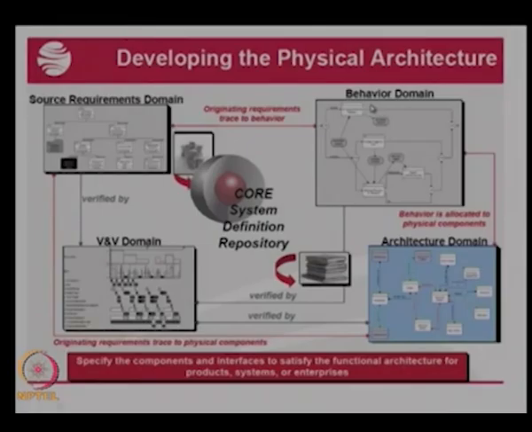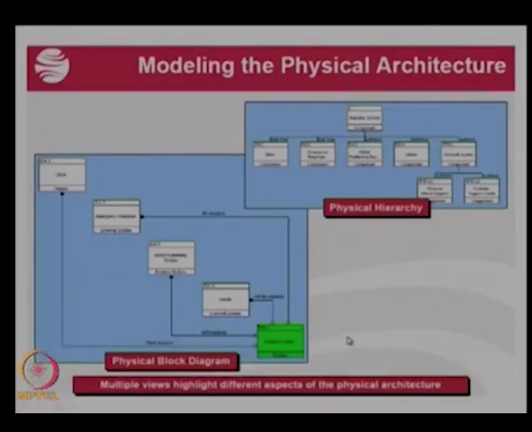Developing the physical architecture. After the behavior domain, once you have identified the functions, you need to go for the architecture domain, that is converting these functions into blocks or physical components. This again needs to be traced to the functions as well as to the requirements. So you can see that from the behavior domain you can develop the architecture domain.